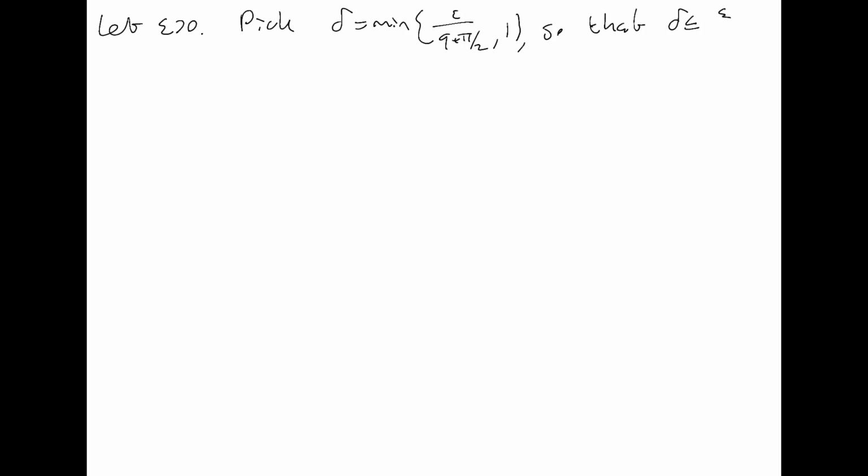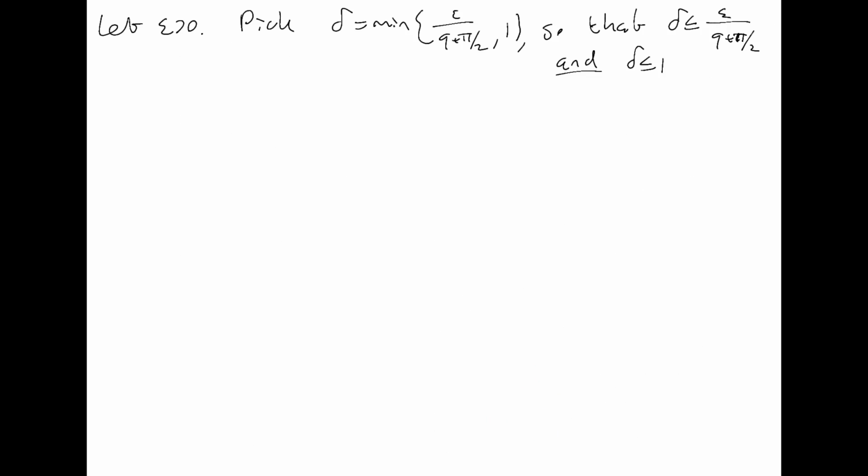All that remains is the final step where we write down the proof. Okay, so as before, we're going to choose an arbitrary epsilon, and I just explained that the delta that we should pick is the minimum of those two values, epsilon over 9 plus pi over 2 and 1, so that delta is less or equal than epsilon over 9 plus pi over 2, and delta is less or equal than 1.